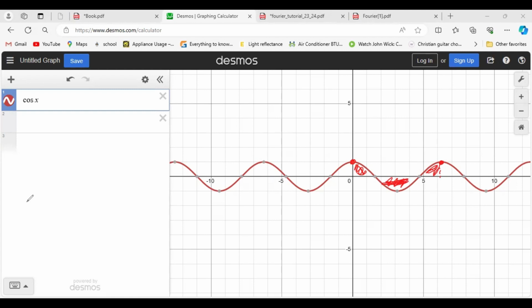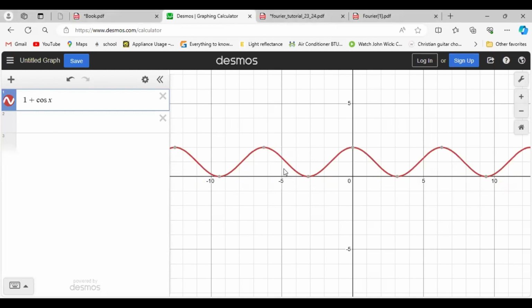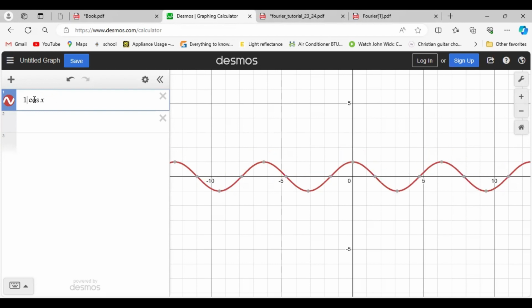And then if I was to shift it, we clearly see that the area above is not equal to the area underneath. So this will have a DC component, right?